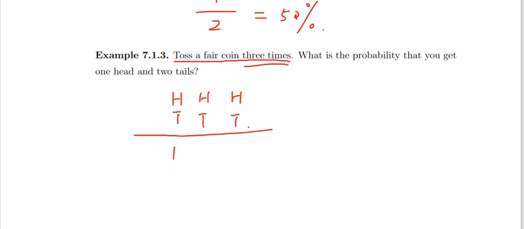Let's say, head, head, head: here we say 0 T, no tails. Then we have 1 T, then another head, it could be like this.